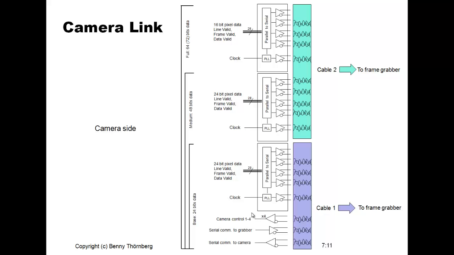There is a Channel Link transmitter chipset, as I showed you before, transmitting using a clock frequency of 85 megahertz, transmitting 24 bits of pixel data together with the control signals: synchronization, line valid, frame valid and data valid.